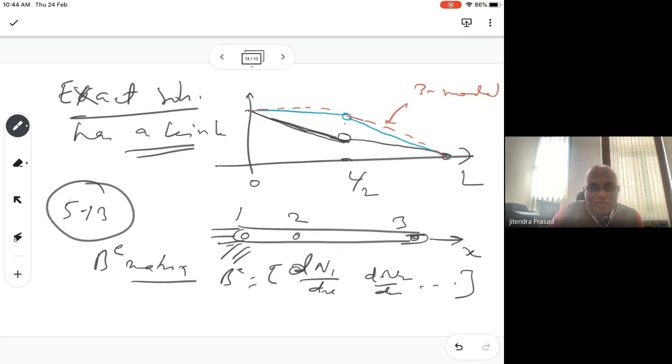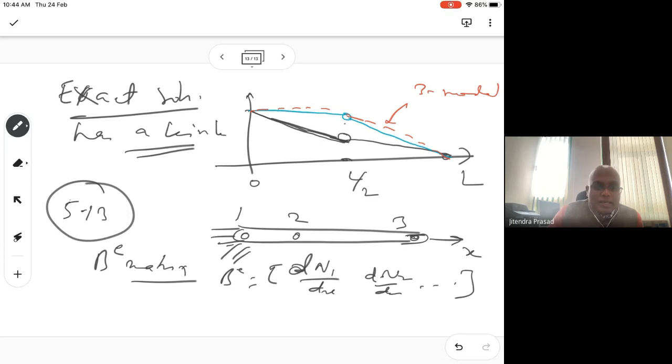Evaluate the strain in terms of u1, u2, and check what happens when xi approaches 0, and so on. Evaluate Ke by 1-point quadrature. So it is asking you to do the integration using Gauss quadrature, and that too 1-point quadrature only.